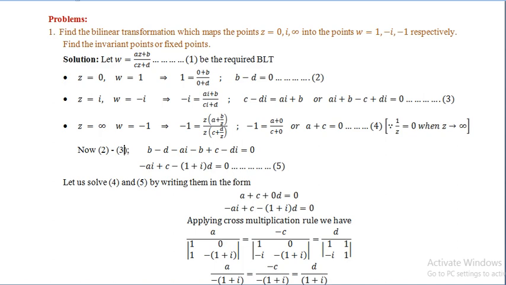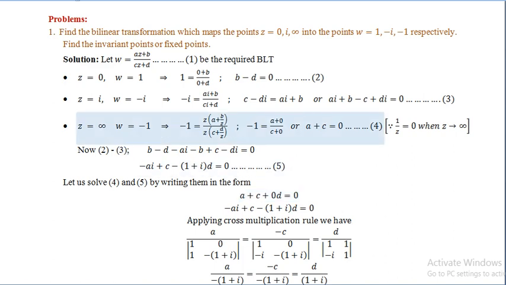Now we will apply the cross multiplication rule for equations 4 and 5, because 4 contains a and c unknown terms, and 5 contains a, c and d. The d term is absent in equation number 4, so we consider the coefficient of d as 0 in equation number 4.